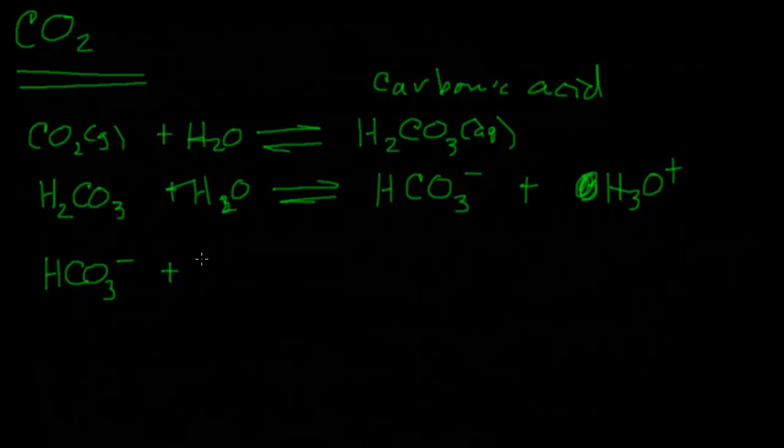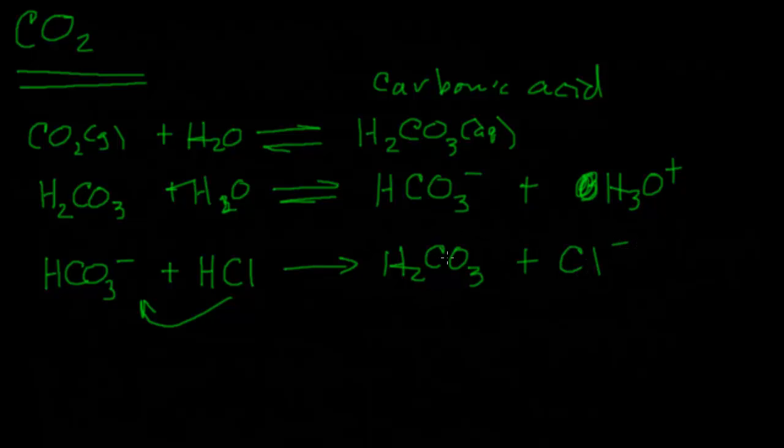So if you take something that's acidic like HCl and you add it to something that has bicarbonate in it, this will react by giving its proton to the base, and will make carbonic acid, H2CO3, in this form, so we'll make that molecule plus chloride. Now this is a weak acid, so it tends not to redissociate this way, because not very much of that happens.